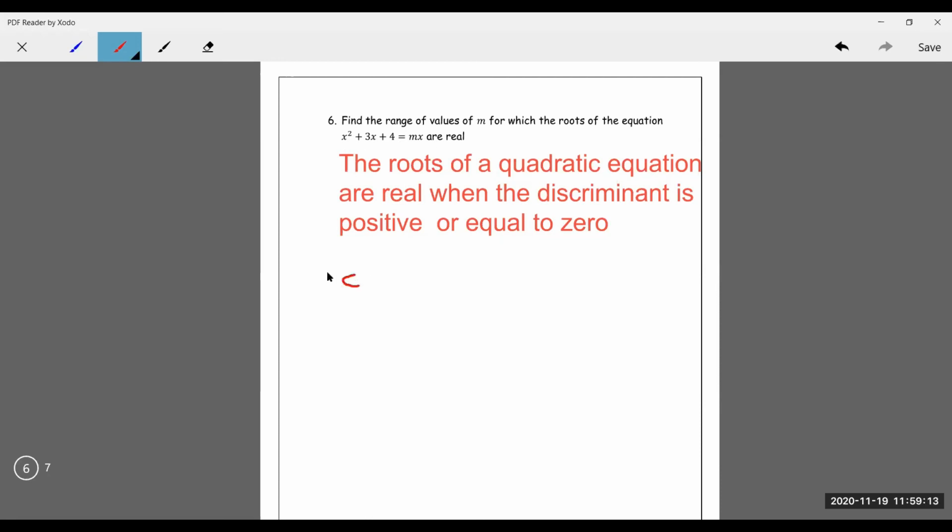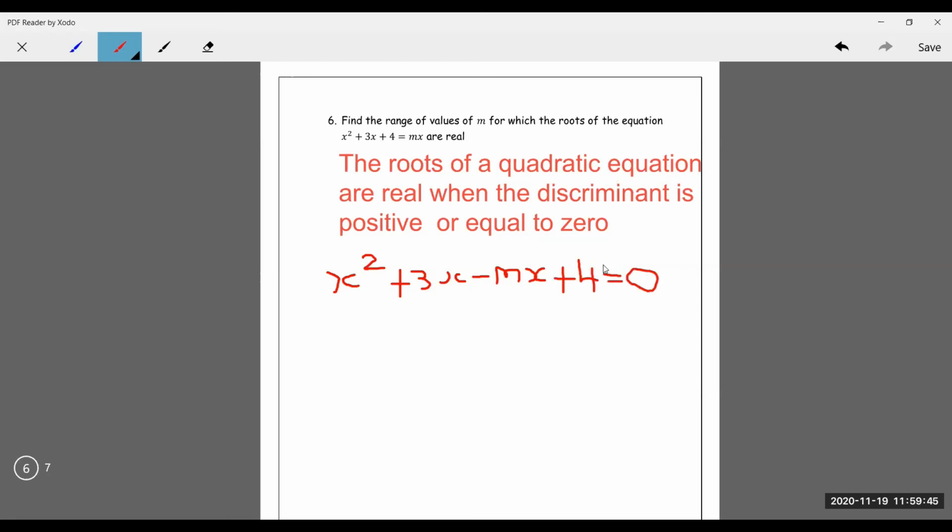So we have x squared plus 3x minus mx plus 4, and that's equal to 0. So that's what we have.